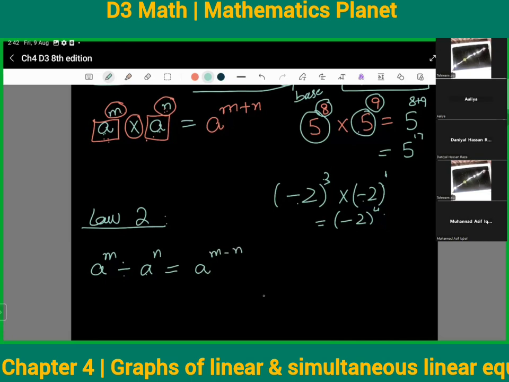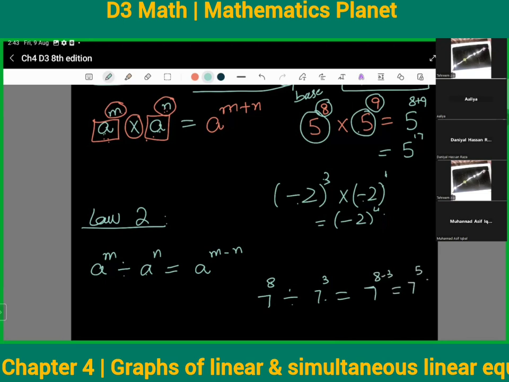For example, if I have 7 to the power 8 divided by 7 to the power 3, the bases are the same, so the base will remain the same, but the powers will be subtracted. So you will get 8 minus 3. What will you get? 5.